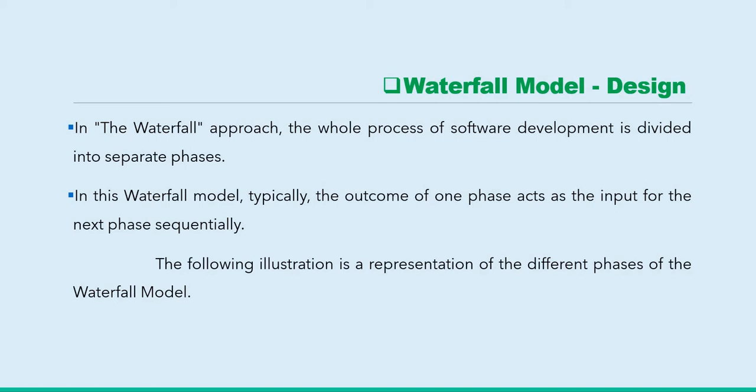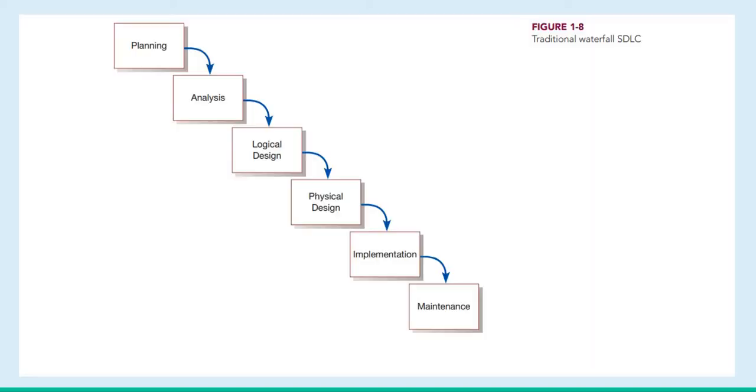Let us see the illustration. See here, planning, followed by analysis, then logical design and physical design, implementation, and maintenance. Each phase will begin when the previous one is completed. For example, when the planning phase is completed, then the analysis phase will begin.